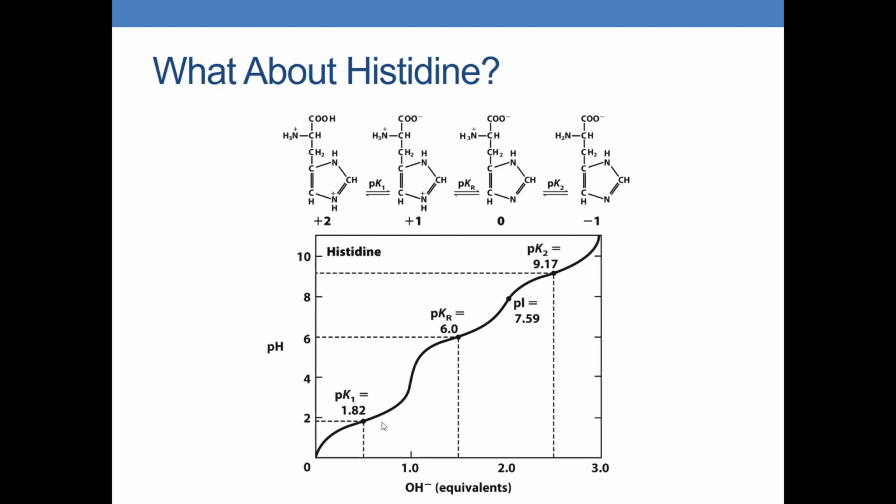So based on your pK1, 0.82 up to 2.82. Or 5 to 7, because I have another pKa for my side chain, so 6 plus or minus 1 pH unit. Or 9.17 plus or minus 1 pH unit.